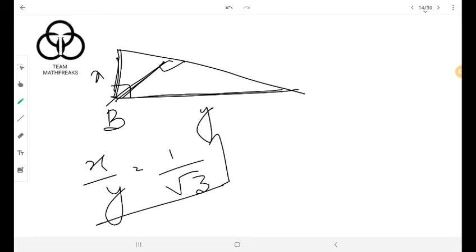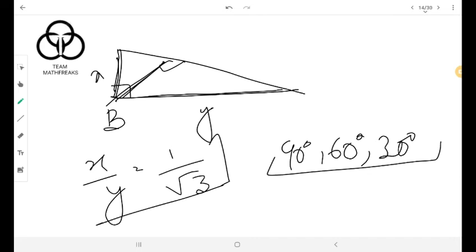So now do you have the knowledge of trigonometry? I think all of you have the knowledge of trigonometry. We got the angles to be 90 degrees, 60 degrees, 30 degrees. Simple knowledge of trigonometry here.